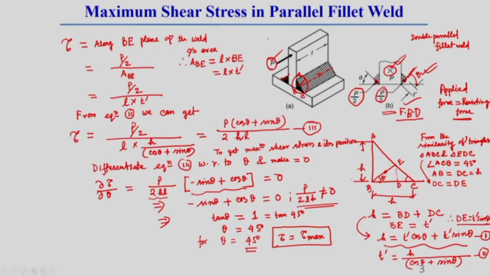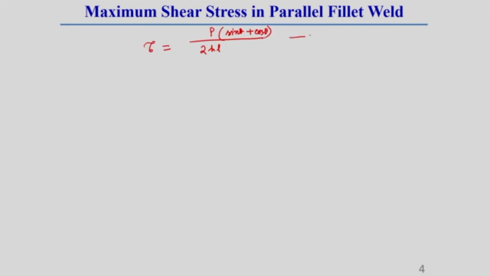What we got from the previous slide, from equation number 2, is tau equal to P by 2HL into sin theta plus cos theta. Here I am writing equation number 2 again. Now, we know tau is equal to tau max when theta equals 45 degree.